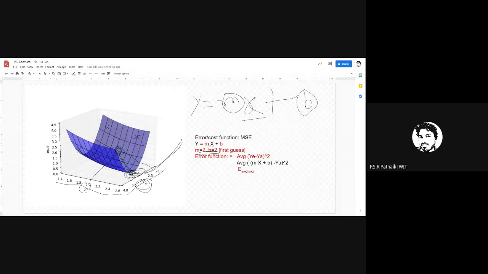So what you do is you calculate the slope at the point where you are. When m is equal to 2 and b is equal to 2, you calculate the slope of this function. Slope means gradient. You calculate the gradient of that function.